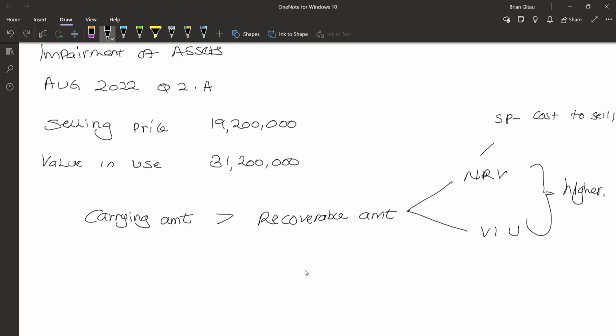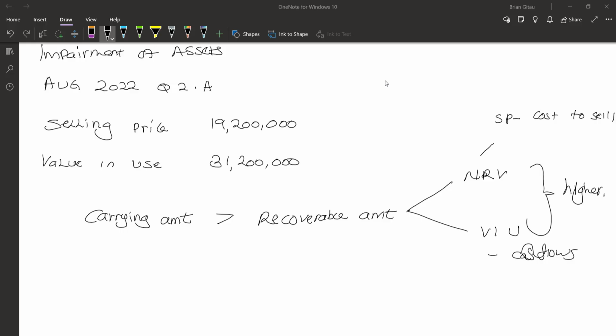And for the value in use, we just compute the net present value of the cash flows that asset could have generated.